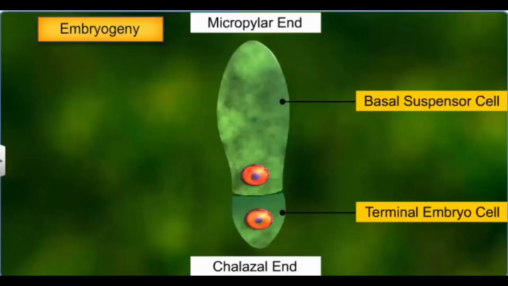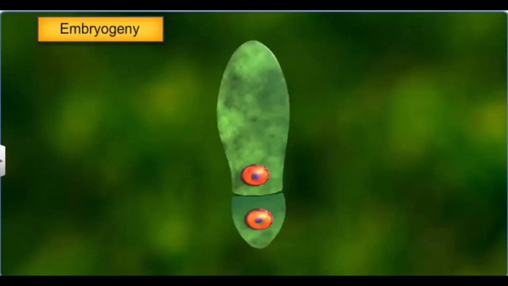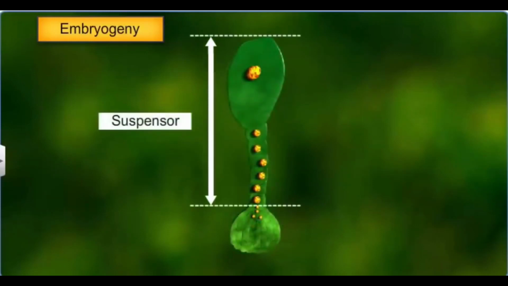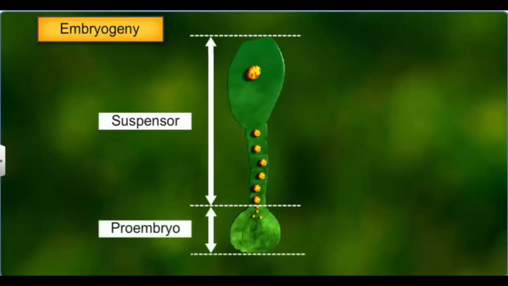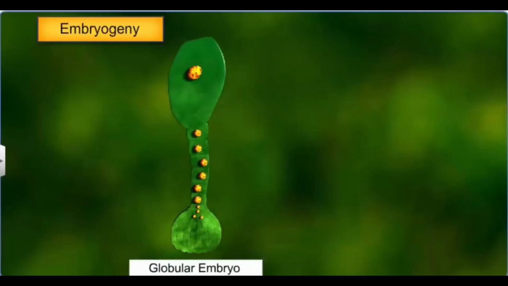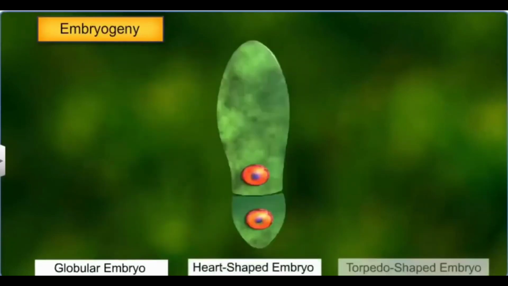The basal suspensor cell further undergoes mitotic divisions and forms 4 to 8 cells, which push the terminal embryo cell into the tissue of the endosperm to allow it to derive nourishment. The terminal embryo cell also undergoes divisions to form a group of cells known as proembryo, which subsequently develops into a globular, heart-shaped and torpedo-shaped mature embryo.